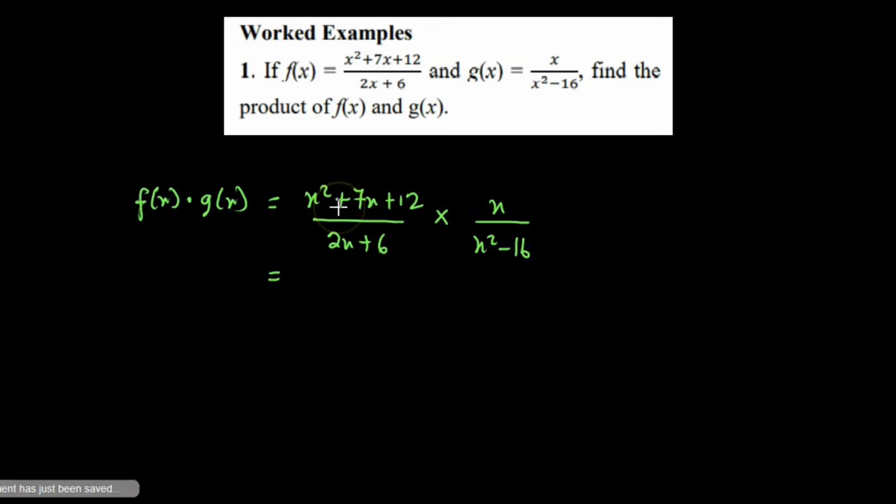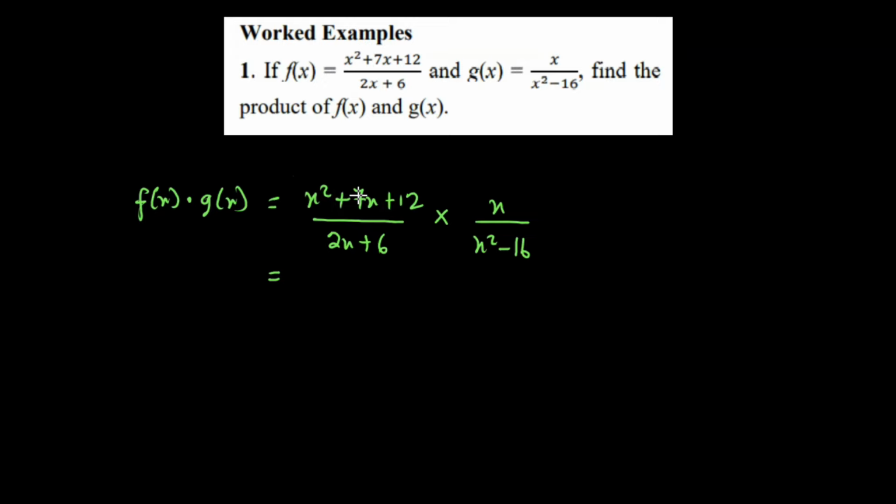So we need to write the numerator as a product of two expressions, and for the denominator, when I look at it carefully, there is also a common factor between 2x and 6. In order to generate the factors for x squared plus 7x plus 12, you can go back to my previous video concerning factorization, where you get to know how I factorize quadratic trinomials very easily.